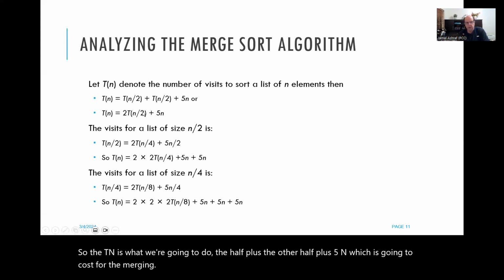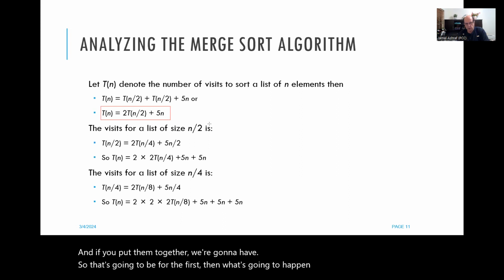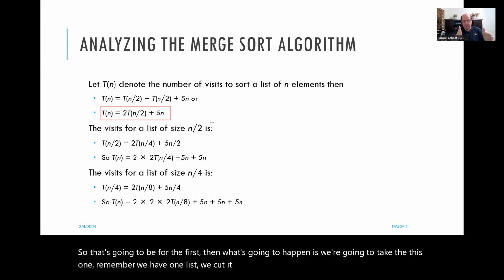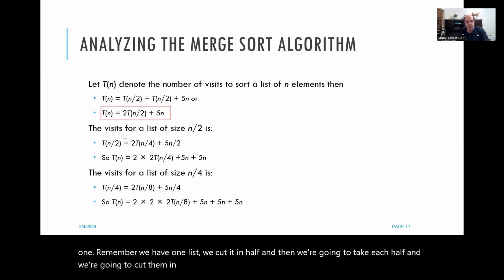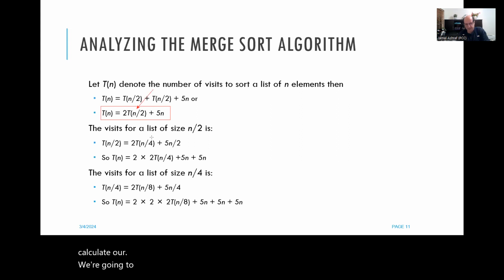If you put them together, that's going to be for the first level. Then what's going to happen is we're going to take this one. Remember, we have one list, we cut it in half, and then we take each half and cut them in half. So in this case, we're going to calculate T of n by 2, the half.